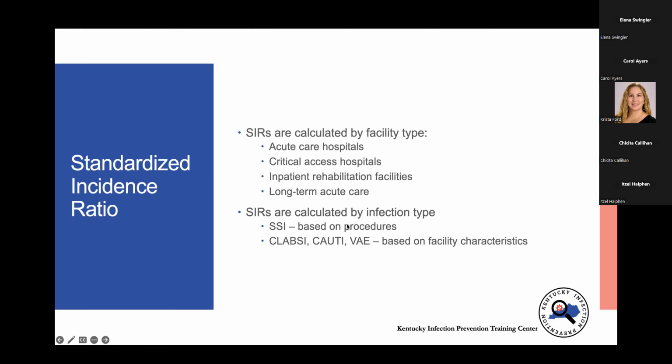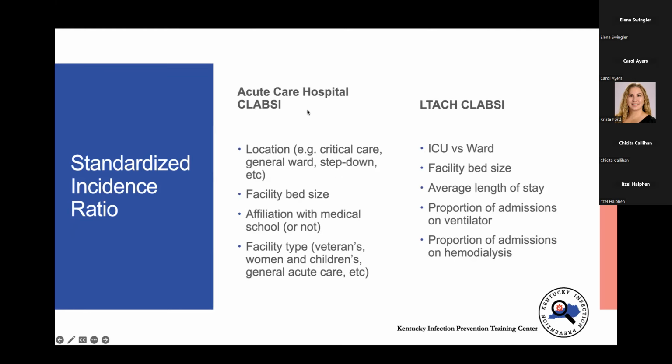So to highlight some of these differences, if we're looking at CLABSIs in acute care hospitals, it will look at your location. So it'll have if it's a critical care ward, a general ward, a step-down ward, the type of ward where a patient's at, the number of patient days, and the facility bed size. The larger your facility, it's assumed that you have greater risk.